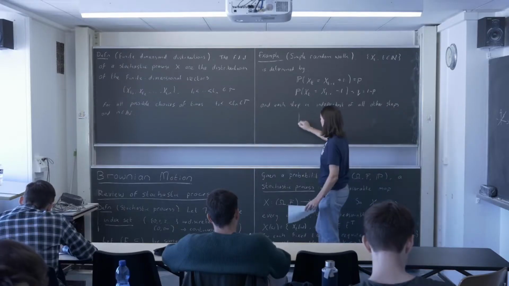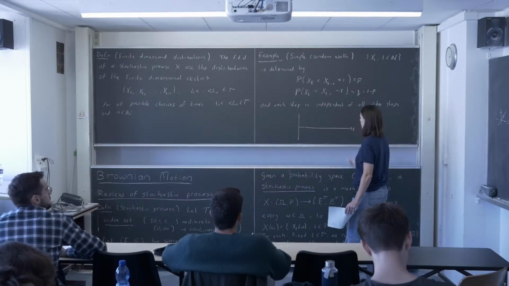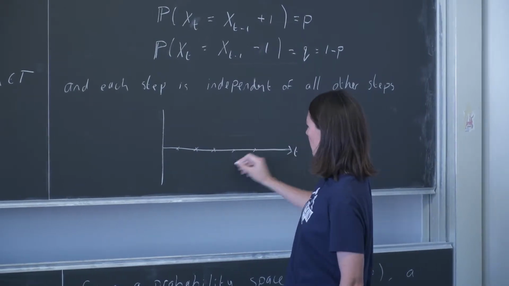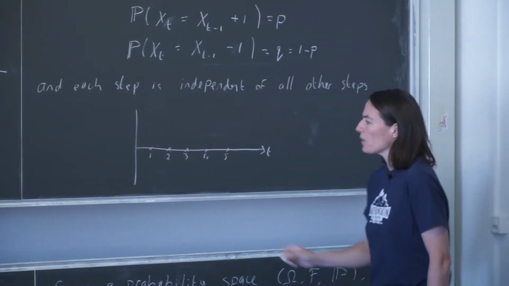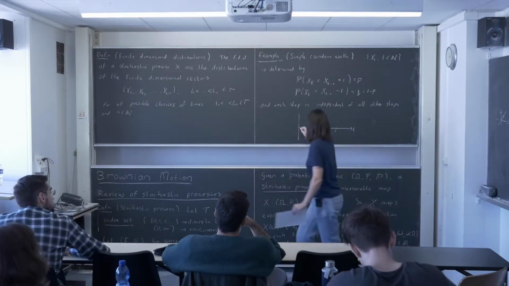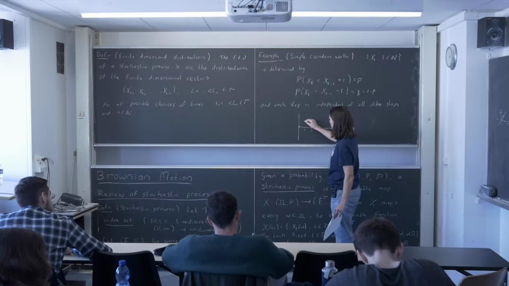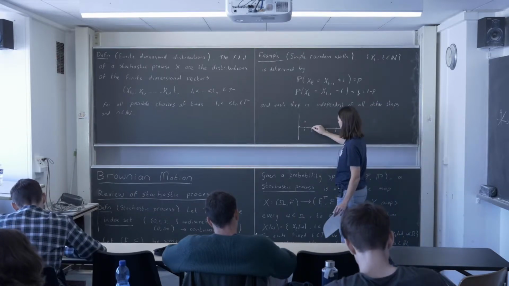Okay, so here's our picture. We've got time on this axis, and it's an integer time valued process, so times 1, 2, 3, 4, 5. We start off at 0, and then you toss your coin, and with probability p we go up to 1, with probability q we come back down again.